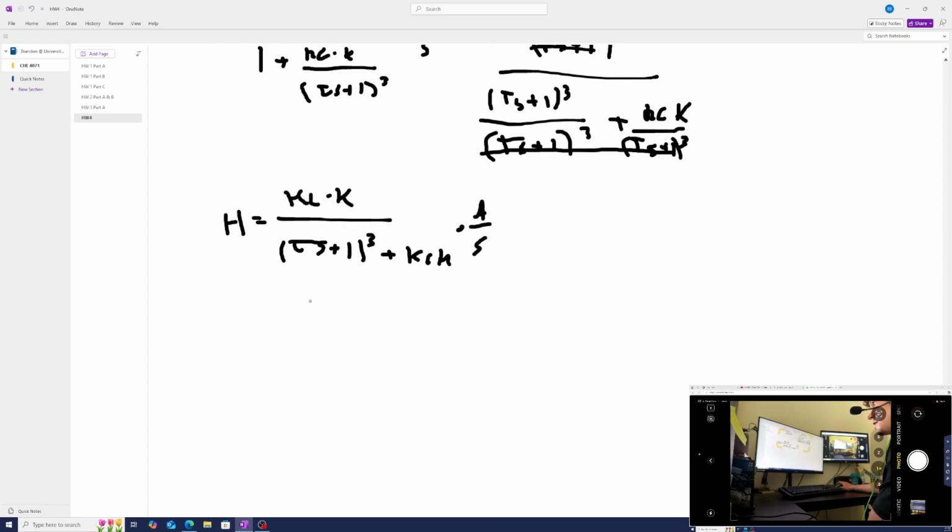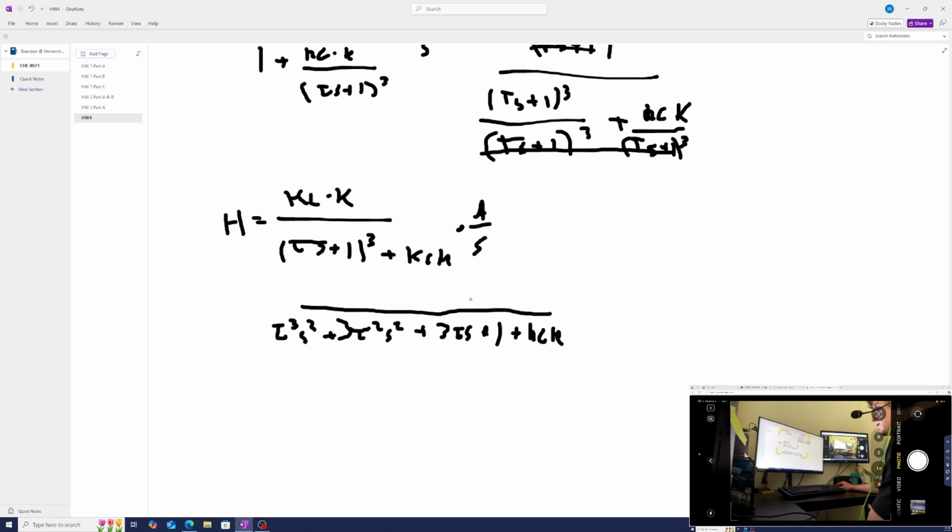So that will give us tau cubed S cubed plus 3 tau squared S squared, plus 3 tau S plus 1, plus KCK, all under KCK times A, and this is all multiplied by S. And this is going to be our closed loop transfer function to determine the height of our third tank level.